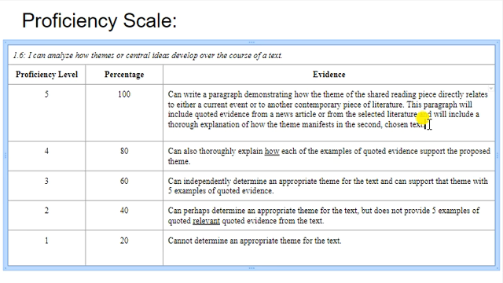So you're showing how the theme that comes out in the shared reading text also appears in something else. You're making a relation between two different things, what we read together and something you've read and studied on your own. That's how you get to a 5.